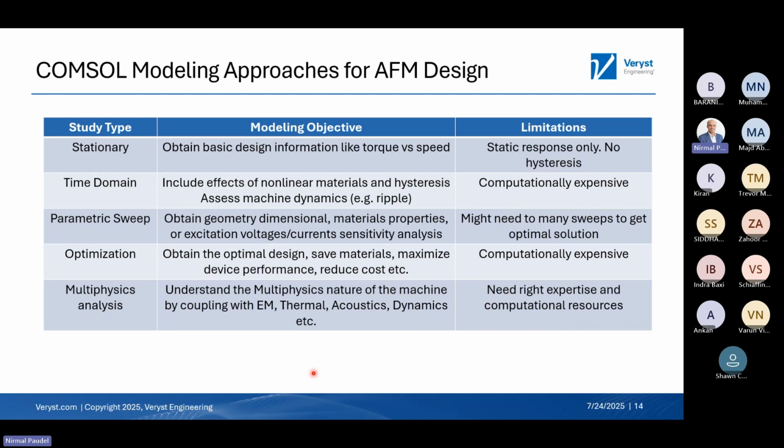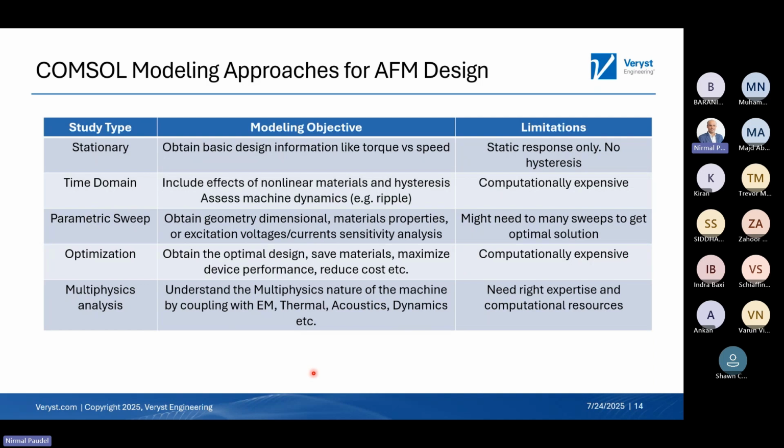It can be a little bit computationally expensive, but this will also provide a torque ripple or cogging torque, etc., when you have a certain speed and you solve the time domain study as a function of rotation. And then obviously we want to parameterize on geometrical, material dimensions and the voltage level or other parameters.